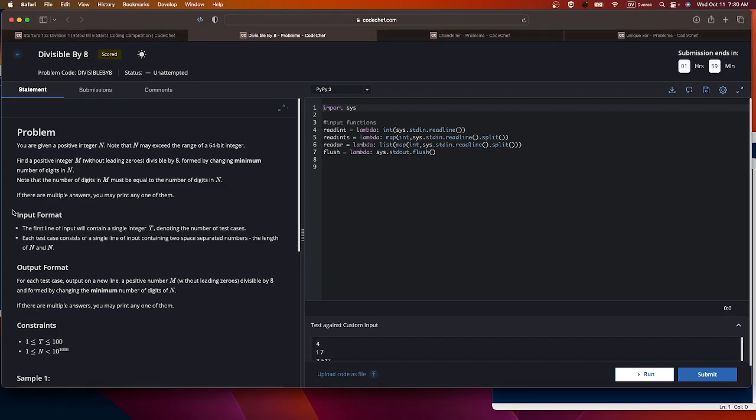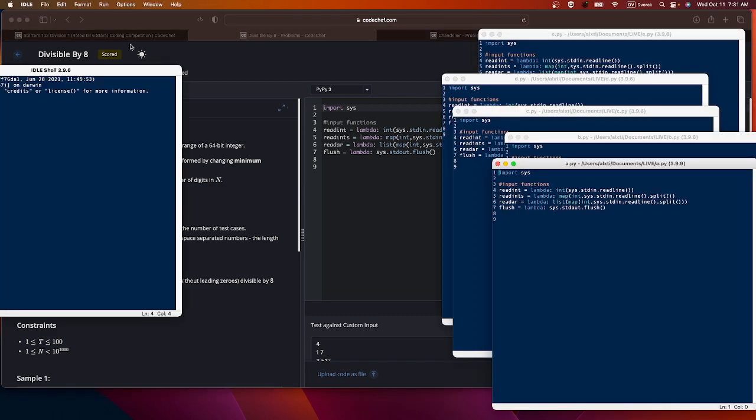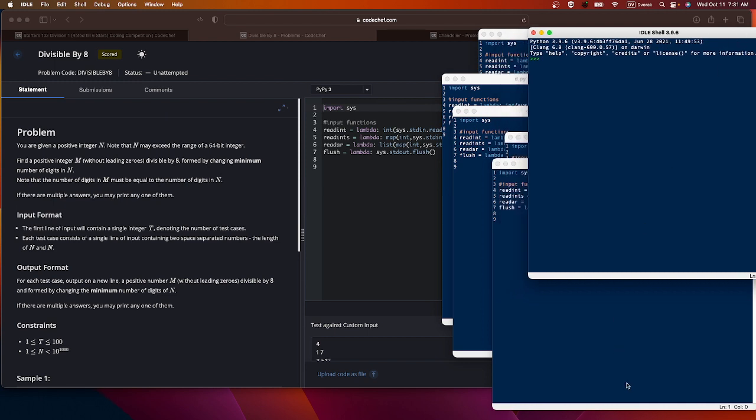So we have n being any value up to 10 to the gazillion.